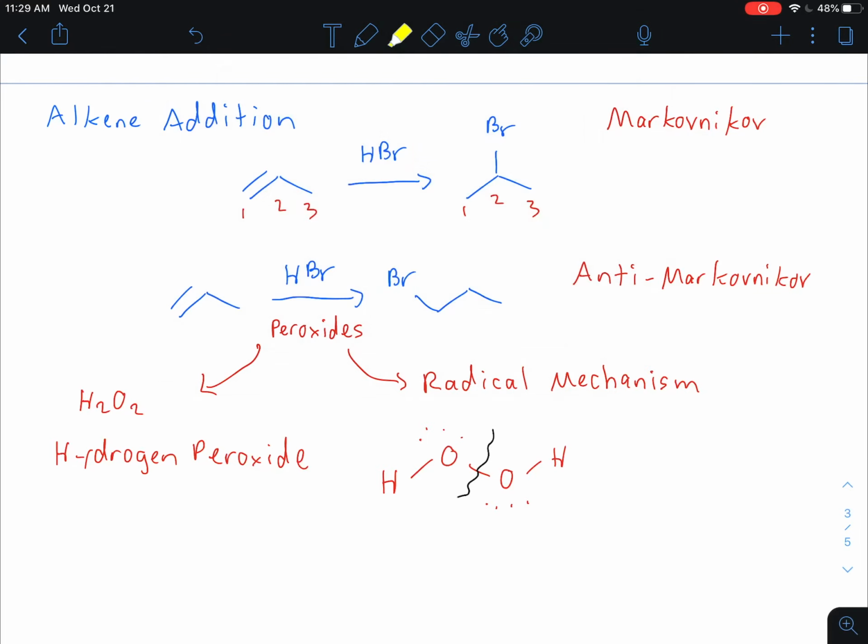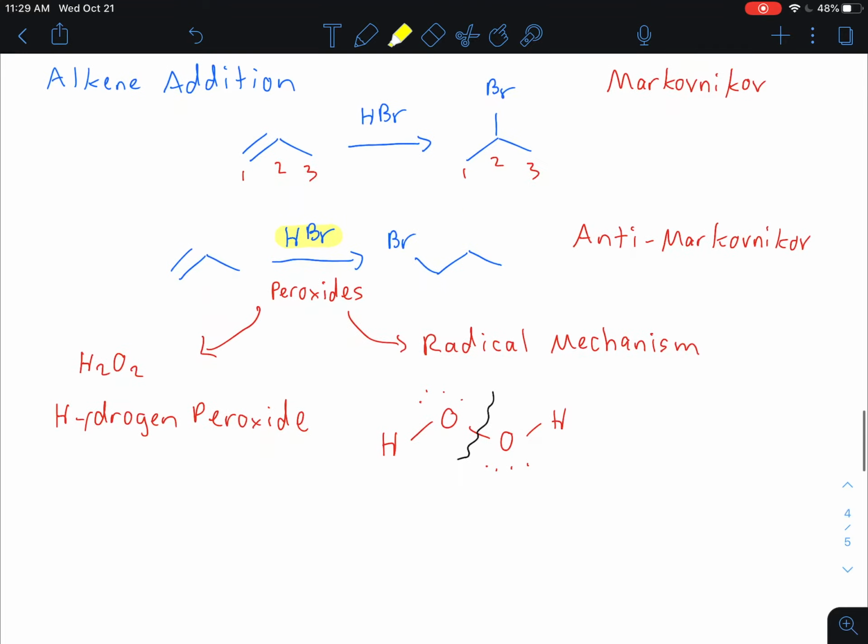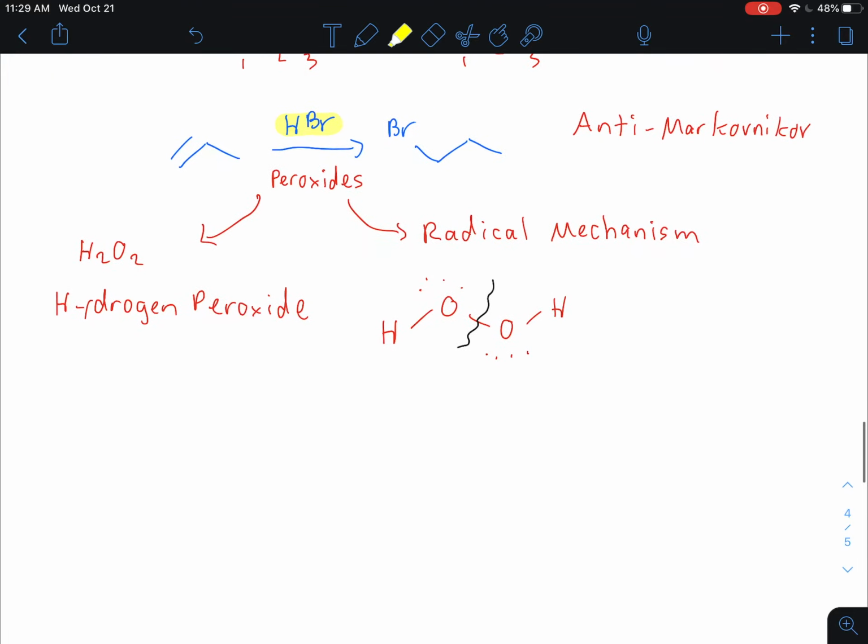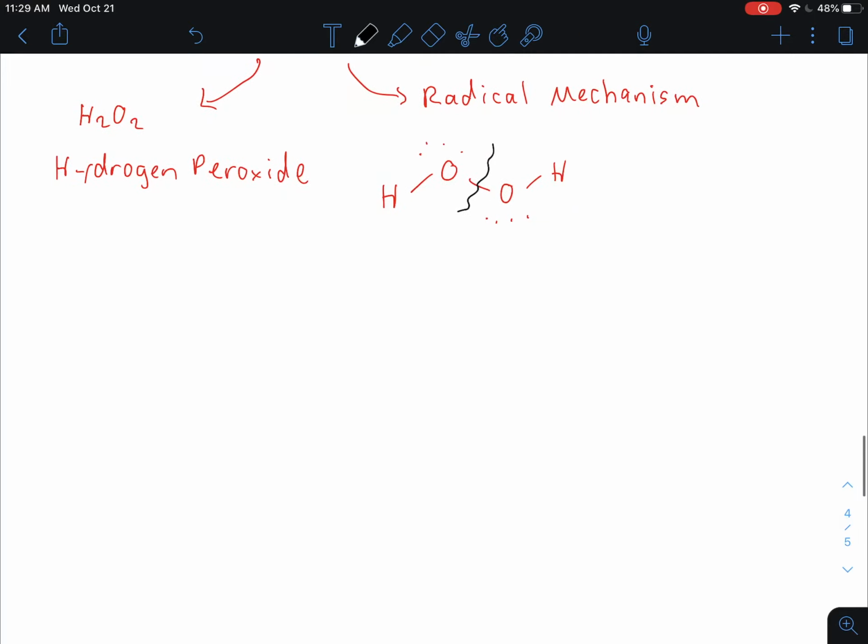Something important to point out, this only works for HBr, whether it's the energetics or the relative reactivity of the peroxide radical with HBr. Somehow it doesn't work with HI or HCl, but this is the one anti-Markovnikov reaction we have for an alkene to install a bromine. Remember, we have hydroboration to put an OH group anti-Markovnikov, but this lets us put a bromine anti-Markovnikov.